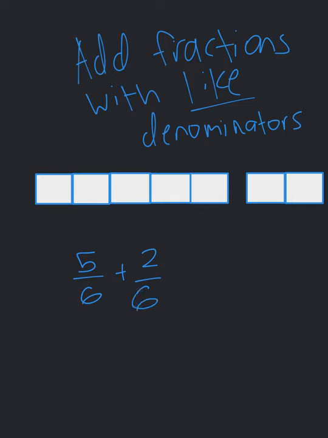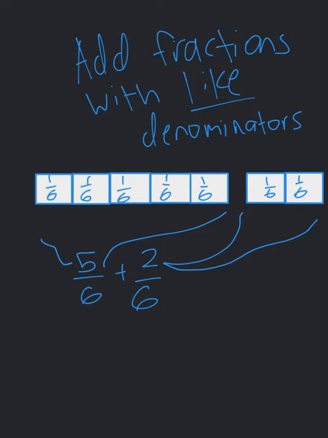So these squares up here are each going to represent a 1/6 piece, okay? So I'm going to write 1/6 on each of these because each of these is going to represent a 1/6 piece. 1/6, 1/6, 1/6, 1/6, 1/6. So as you can see from our problem, we're adding 5/6 plus 2/6, right?